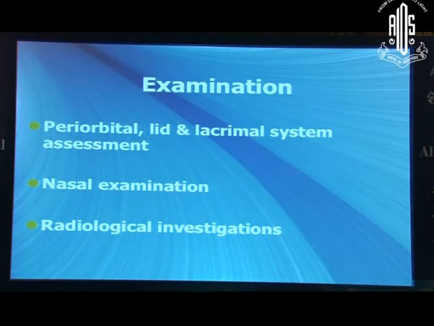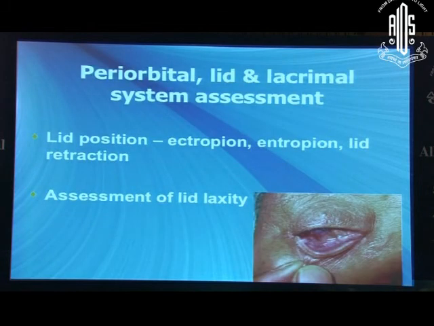Examination should include a detailed examination of the drainage system, the tear production system, a good examination of the anterior segment, in order to look for the various causes, either for lacrimation or for obstruction of the lacrimal passages, but it is equally vital to look into the nose because that's where the drainage is taking place, and this is something that is often neglected.